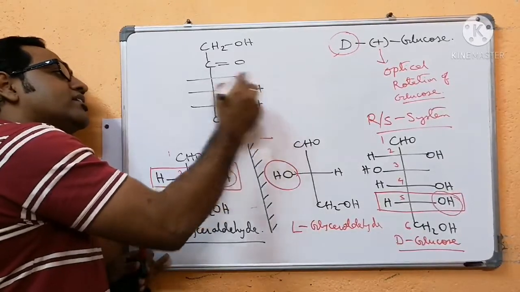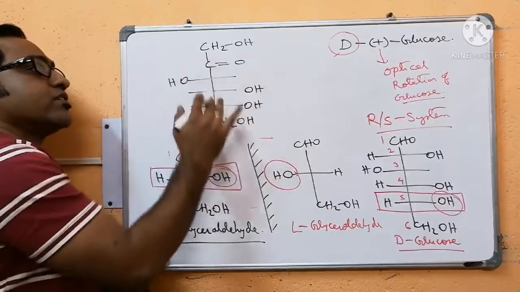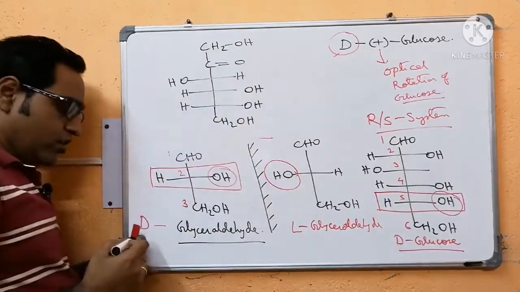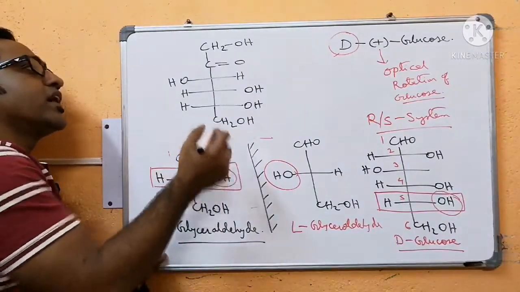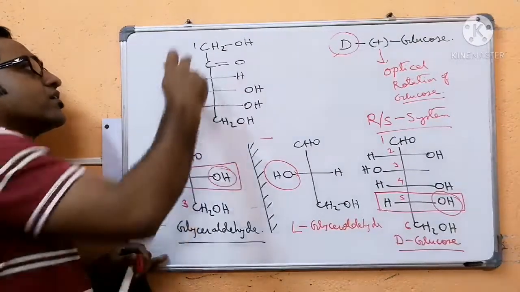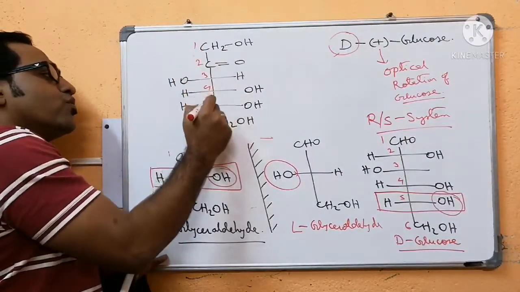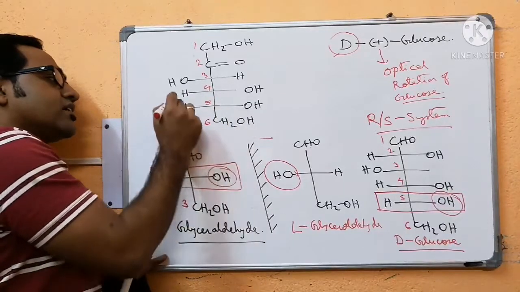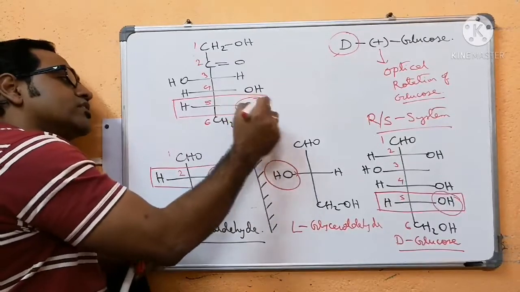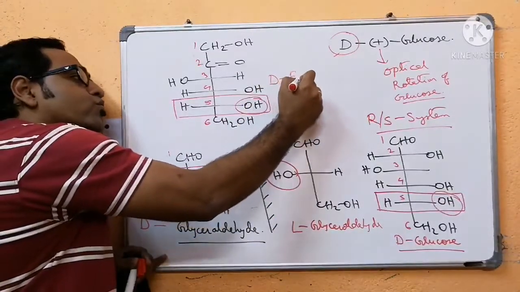Numbering the carbons 1, 2, 3, 4, 5, 6, the fifth carbon has the OH on the right hand side, hence it is called D-fructose.